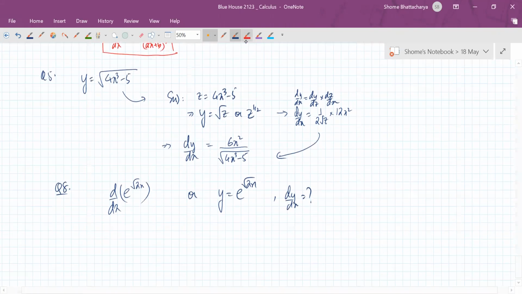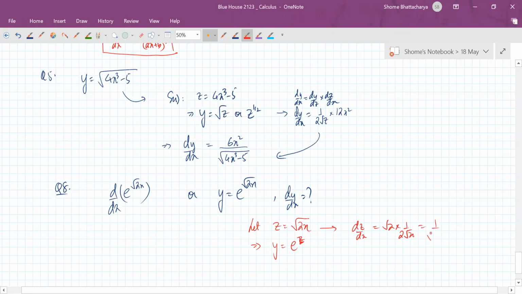So again, we use the chain rule step, that substitute z as root 2x. So y becomes e raised to z. Okay. Now doing this, you can see that dz by dx is just root 2 into 1 by 2 root x. Root 2 is like a constant, so you just take it outside. So it is 1 by square root of 2x.